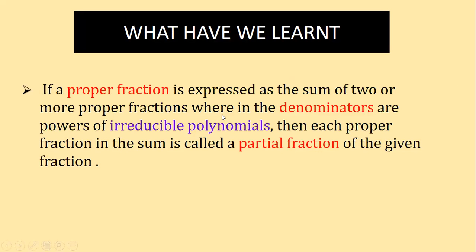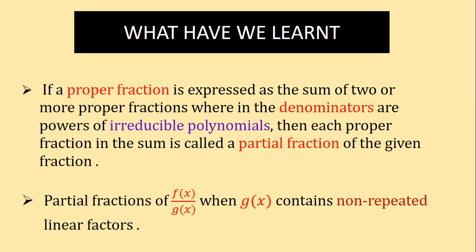Next is partial fractions of f of x by g of x where g of x contains non-repeated linear factors. So here we write the given proper fraction as partial fractions where the denominator g of x contains non-repeated linear factors. There are different rules, children. In today's class we discussed rule 1, where g of x contains non-repeated linear factors. In the next session we can learn about the other rules.